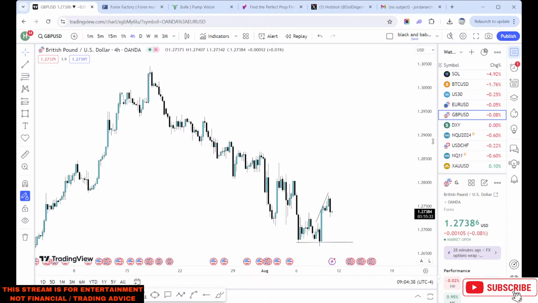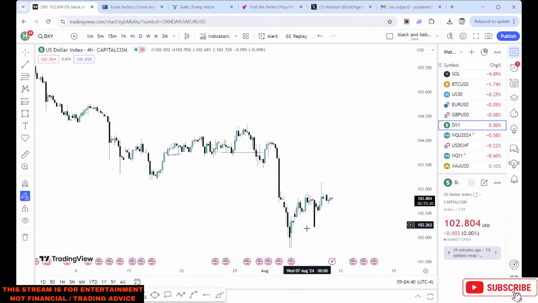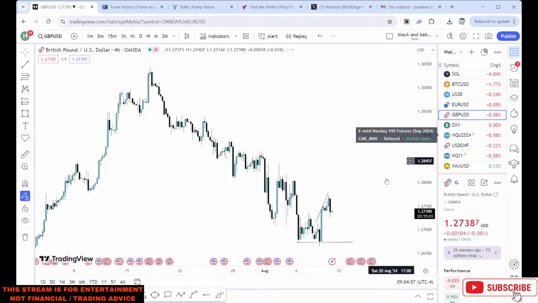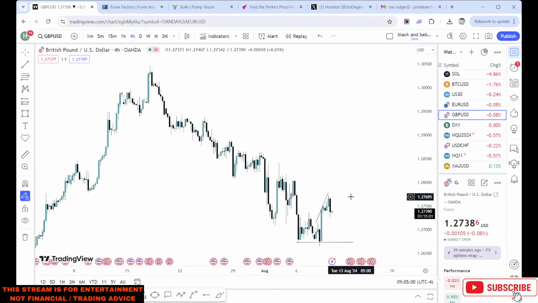SMT. Let's see what DXY. DXY made that higher low, same time Euro made the lower high and GU made the higher high. That's some good SMT divergence right there.